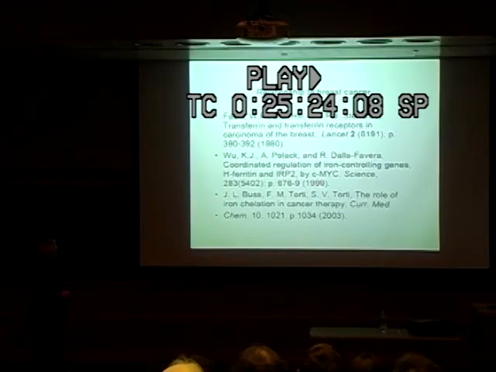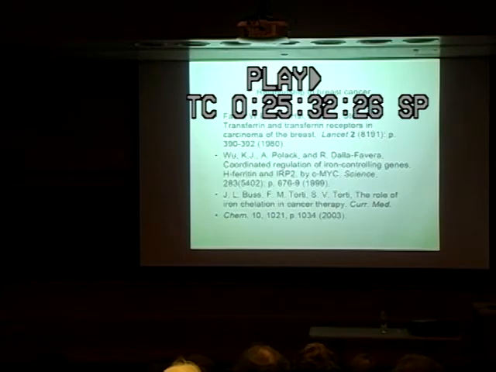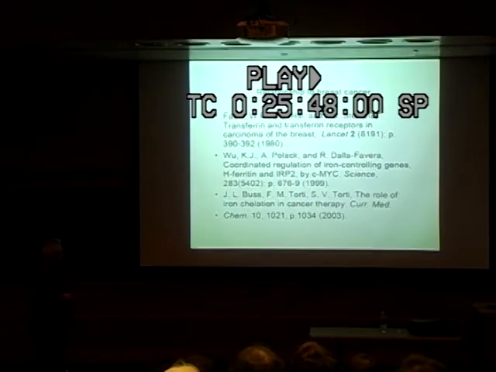Similarly, in a more recent paper, 1999, c-Myc regulating ferritin and iron regulatory proteins. So there's a clear connection between oncogenes and iron. And here's a paper that talks quite a bit about this. If you want a survey, this is by our collaborators, Susie Tordi and her husband, Frank Tordi, the role of iron chelation in cancer therapy.